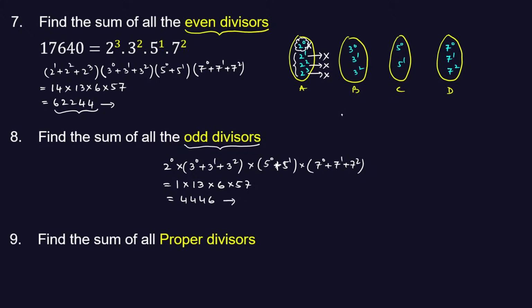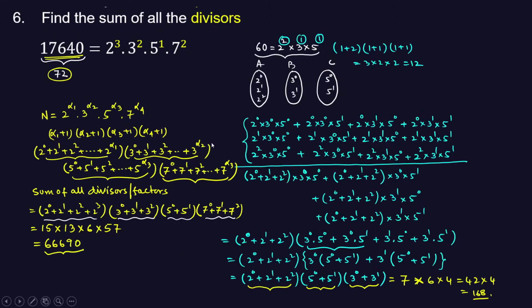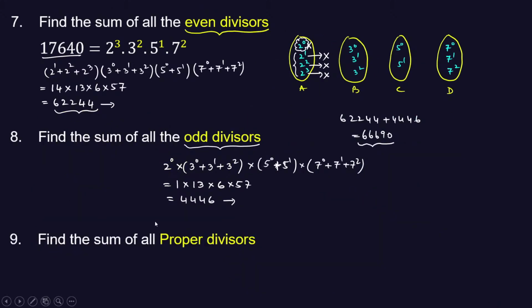Now if we add these two, just for your mental satisfaction, we are going to have 66690. Am I correct? Now this is the sum of all the divisors of 17640, and exactly that answer we got here. Is this clear to all of us?